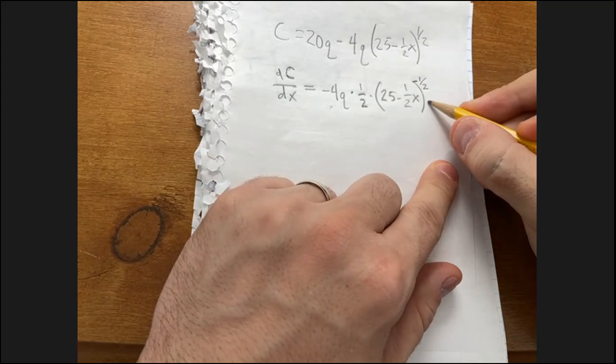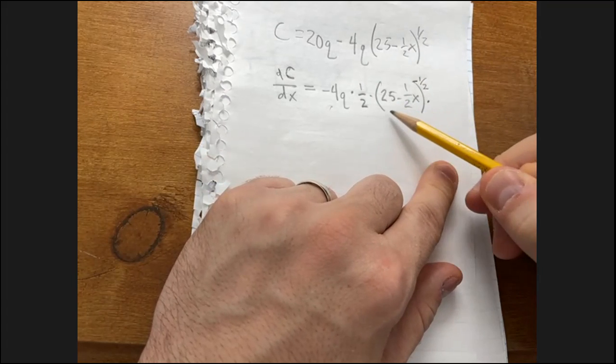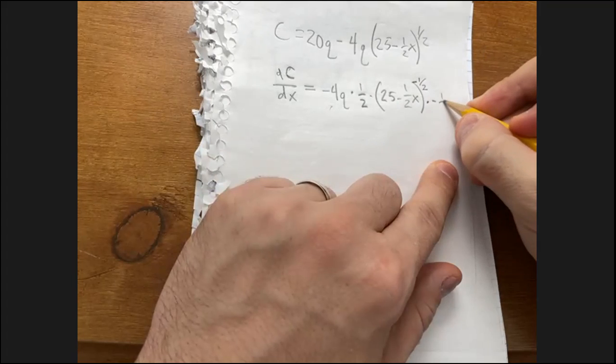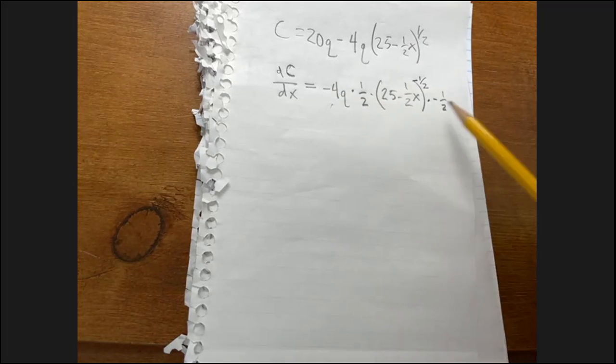And I'm still not done because of the chain rule. I have to multiply it by the derivative of the inside with respect to x, which is negative 1/2. So that would be the answer. Whatever that is, you simplify it if you want. But I already see a -4, a 1/2, and a negative 1/2. Those would all cancel out. And you would just have a cube on the outside.